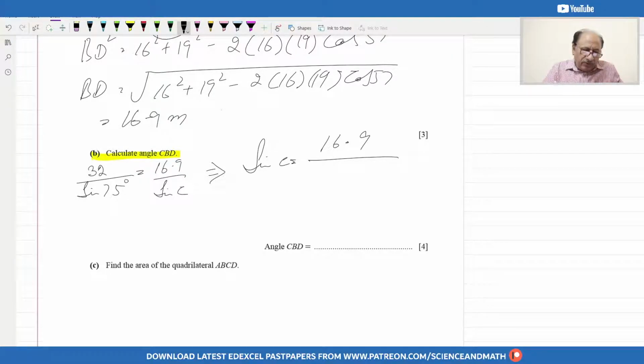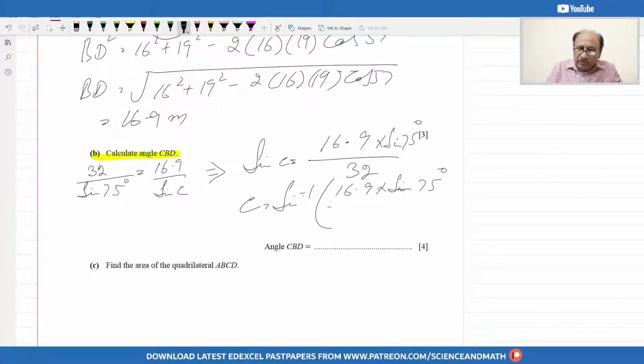So we can shift sine 75 to the other side, and C will be equal to sine inverse of 16.9 into sine of 75 degrees divided by 32.